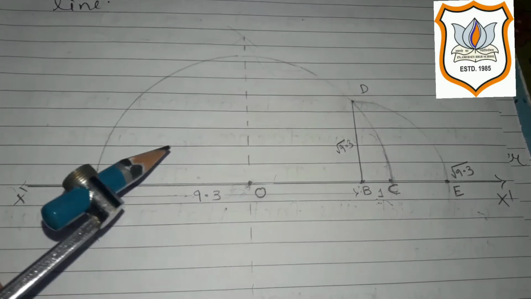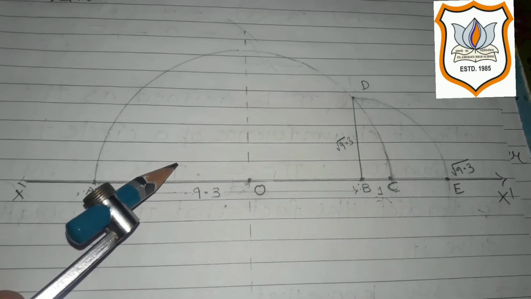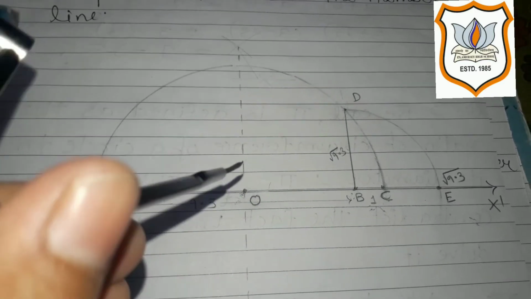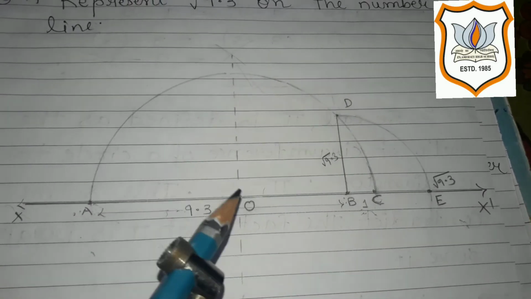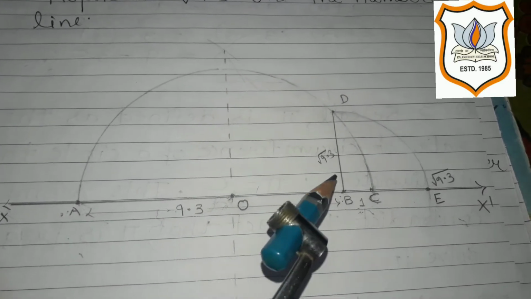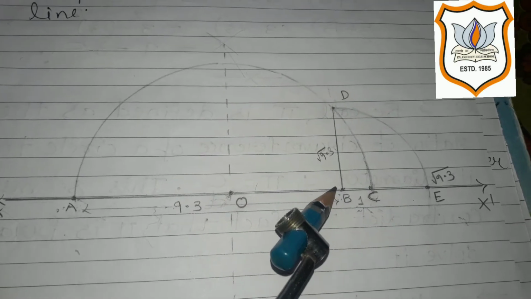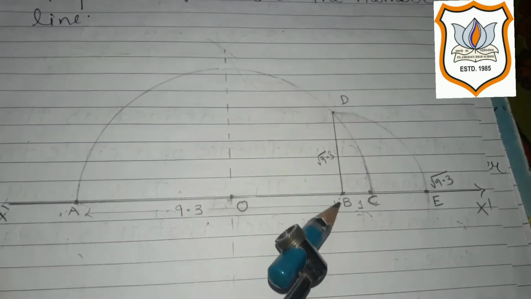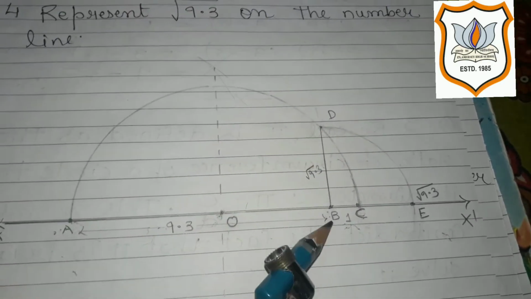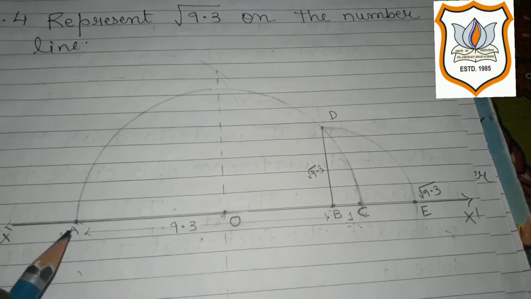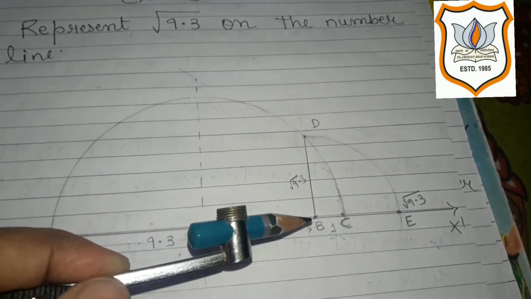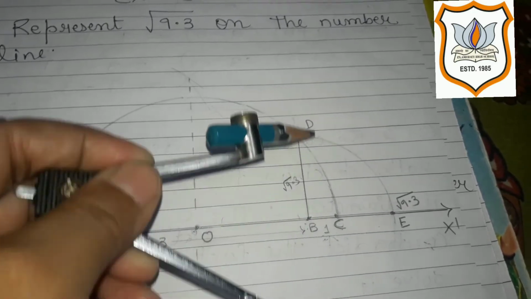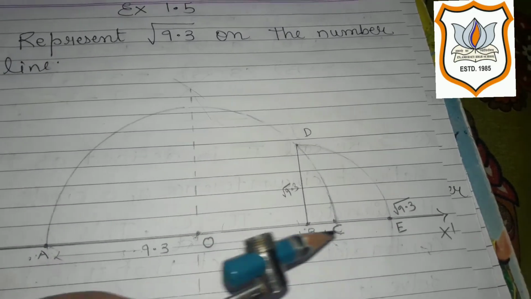Now, it was our second step: drawing a semicircle from center O. Now for the third step, from point B, draw an exactly 90-degree line, that is a perpendicular line, perpendicular to AC.